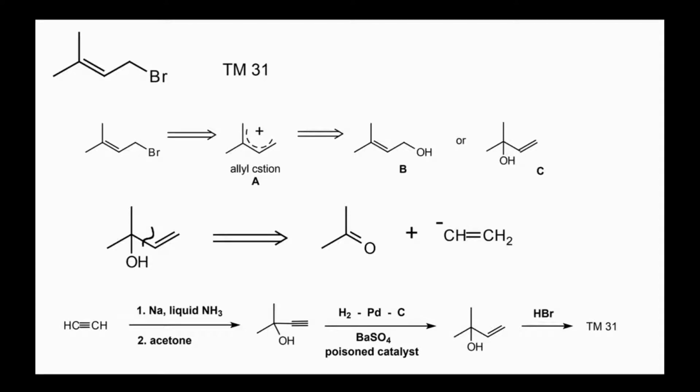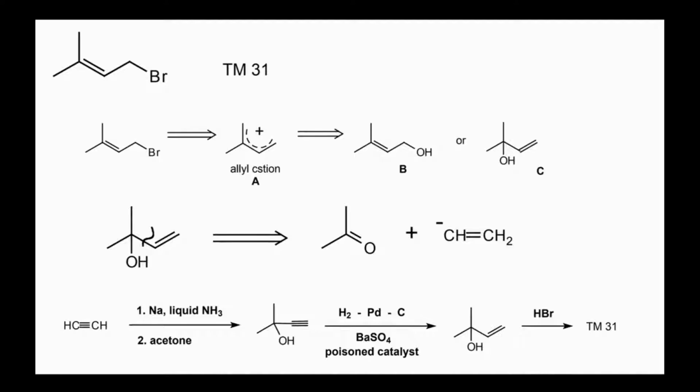So what you need to do is FGI to convert alkenes into alkynes. Then you can use alkynes as a starting point, because alkynes can act as a nucleophile, as we know, because any strong base can deprotonate the acidic hydrogen of ethyne and generate a negative charge on it, which will attack the electrophilic center, in this example acetone, to give you the tertiary alcohol.